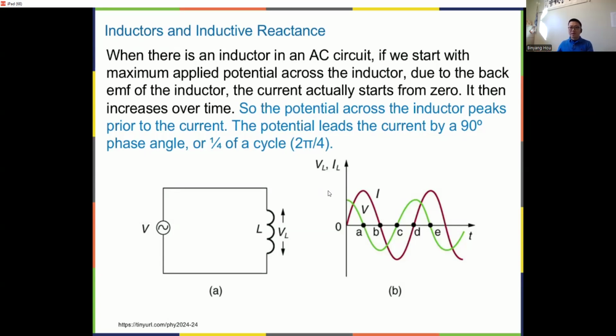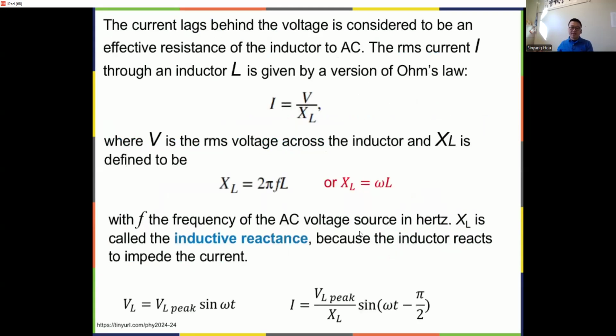And both of them will be sinusoidal functions. Okay, so either cosine or sine function, it's up to you to pick. So that means if you apply voltage, there's a response of the inductor, the current, as a result of the voltage applied.